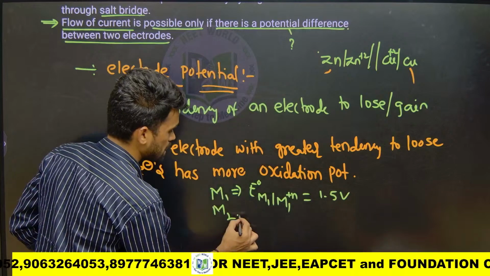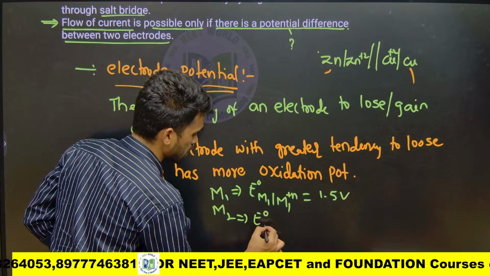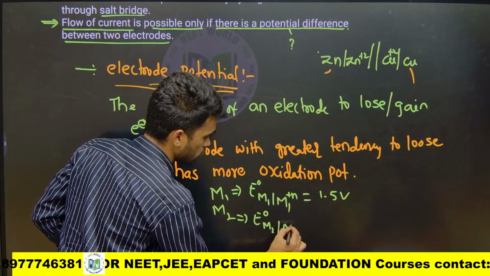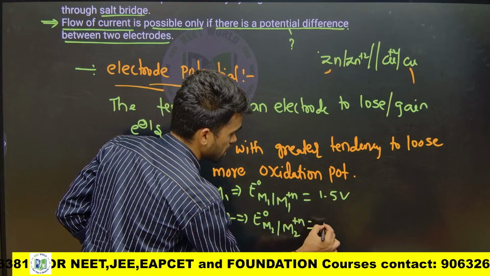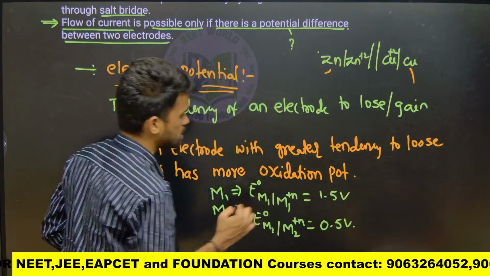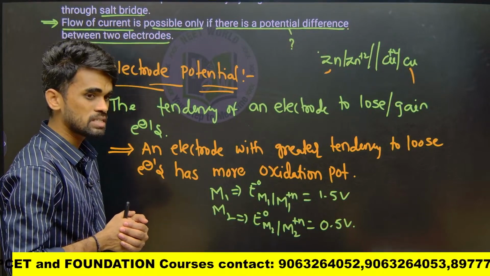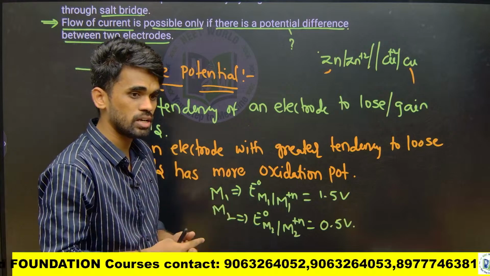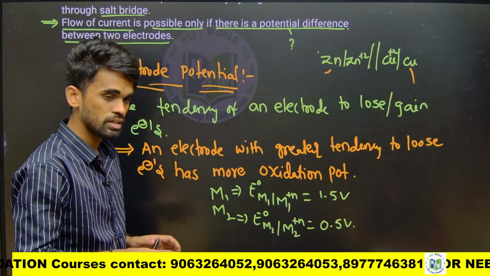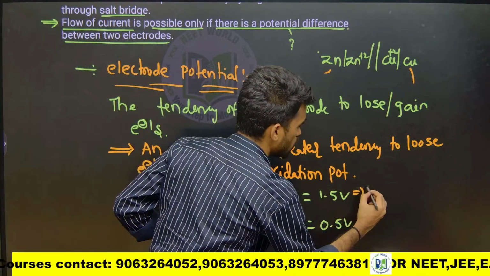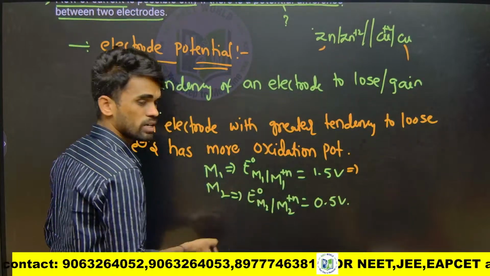For metal 2, M2 converting into M2 plus ion, E naught is around 0.5 volt. So which has more oxidation potential here? M1. So M1 has more tendency to undergo oxidation.